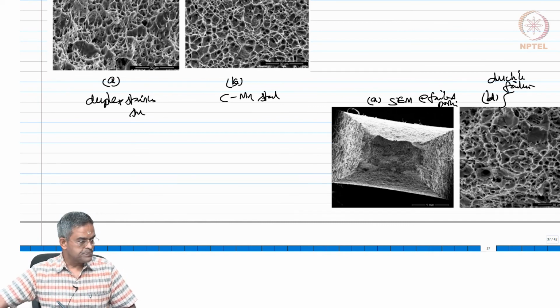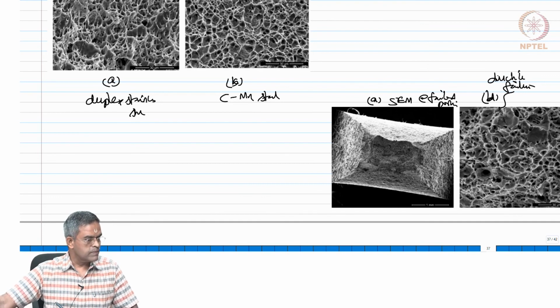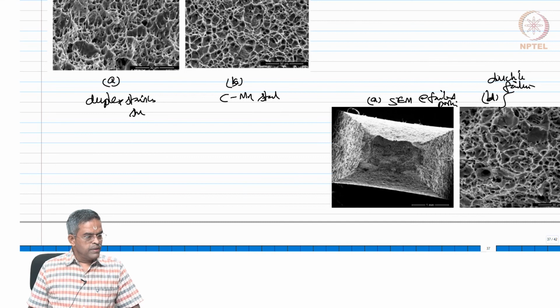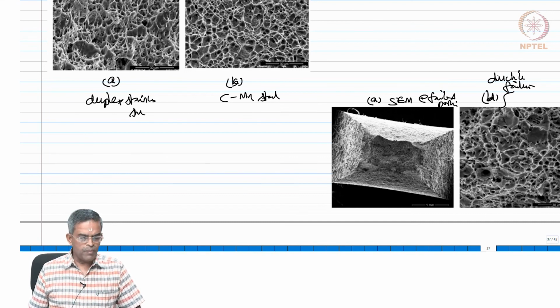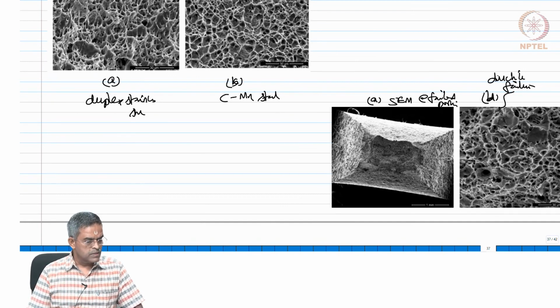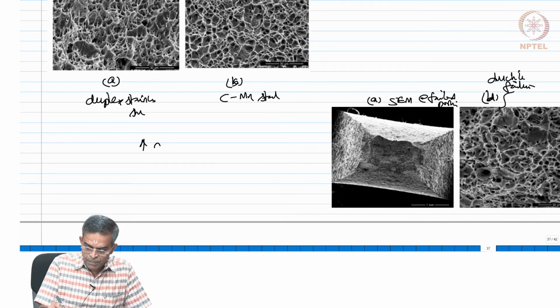So, friends, it is seen from the images that the dimples are prominent on a large diameter in carbon manganese steel compared to duplex stainless steel. A few smooth cleavages present in duplex stainless steel is also noticed. So, this shows an improved ductility.